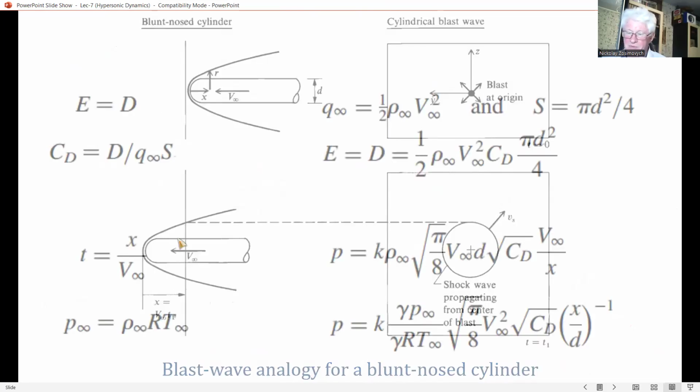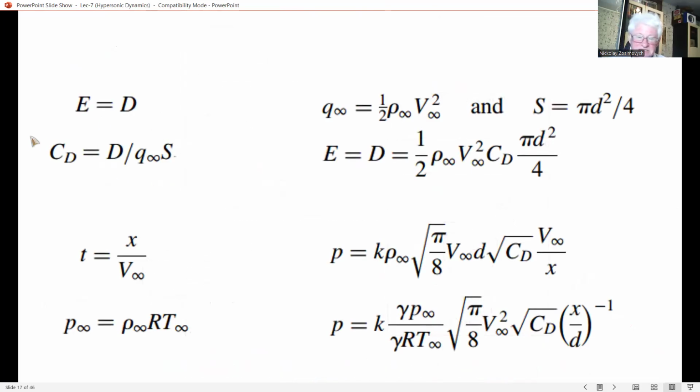In this case, we may write CD as drag over Q times F. Here Q infinity is 1 over 2 rho infinity V infinity squared, and F is pi D squared over 4.